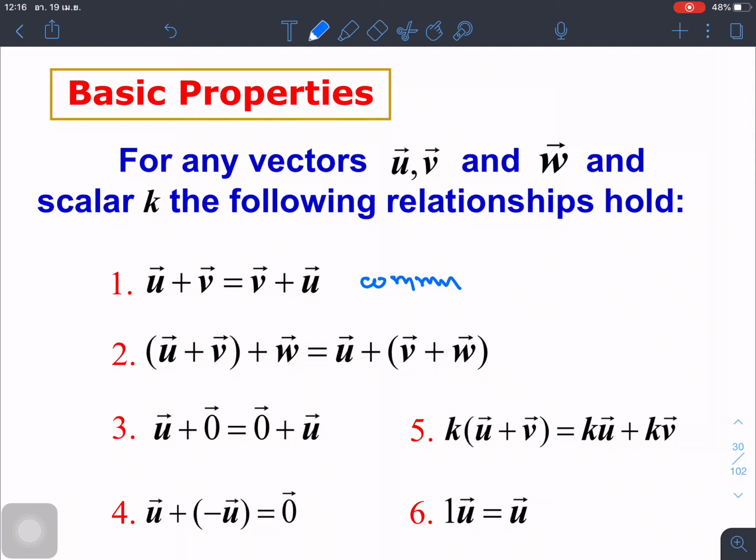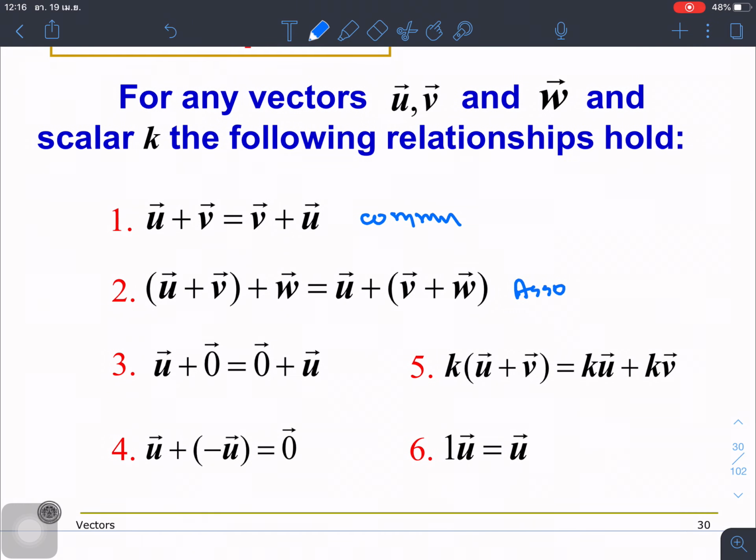You have the associative property. And you have the zero vector, sorry, not unit, the zero vector is the identity for addition, and you have the inverse for addition, which is the negative of vector u here.